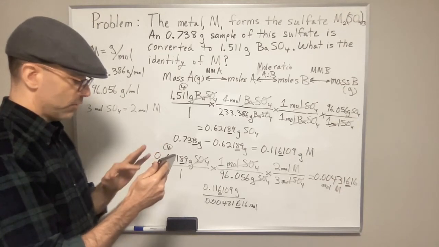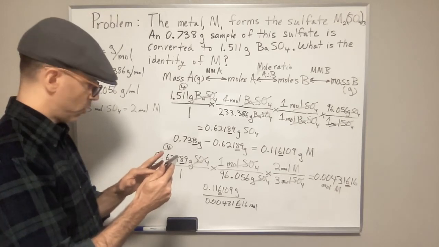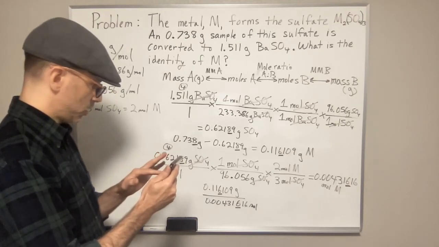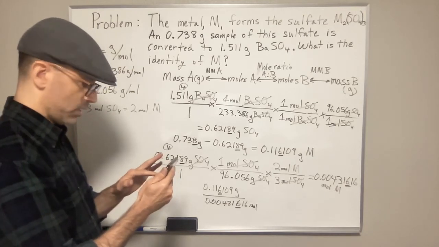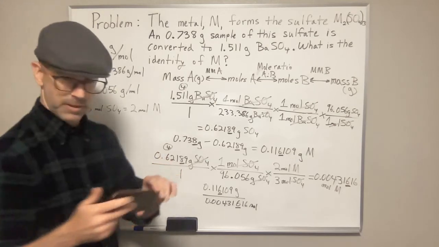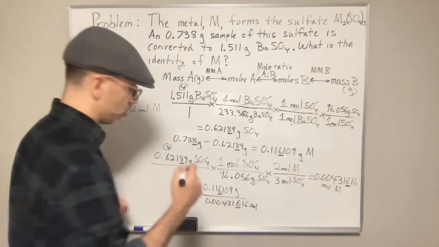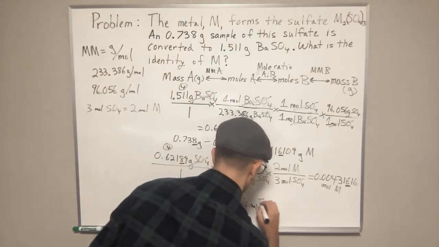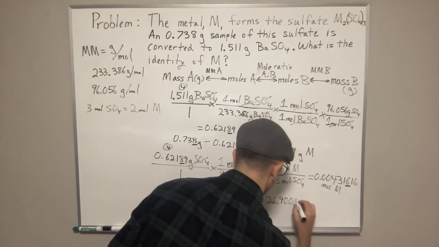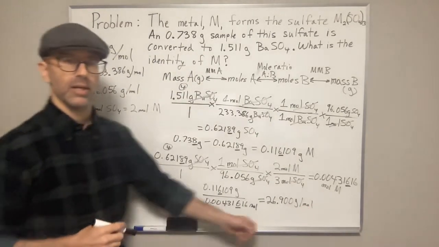I'm going to divide 0.116109 divided by that number equals, and I get 26.900. So that's going to be equal to 26.900 grams per mole.